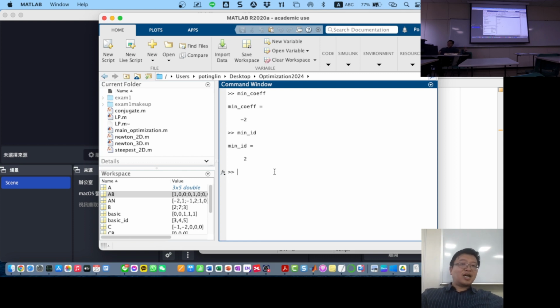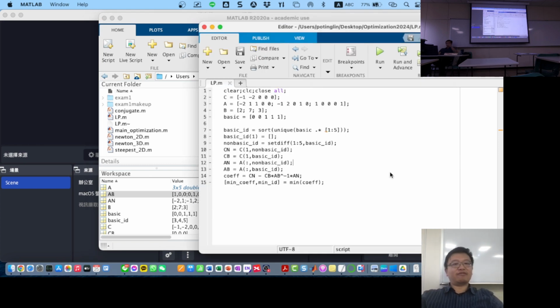But later on, when we are almost converging, the min coefficient may be positive. So we only continue if the min coefficient is negative. Here we need to stop if the min coefficient is positive.